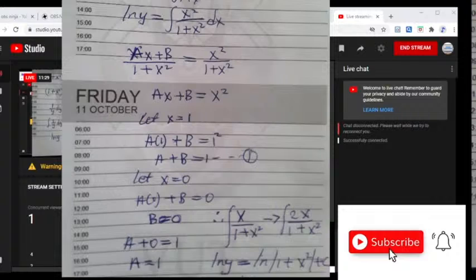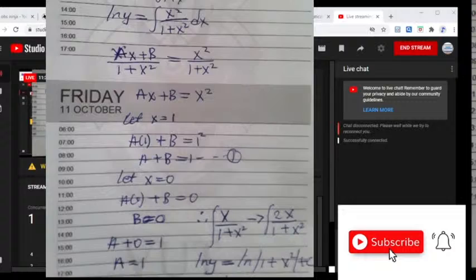Then when we substitute it into our first equation, we get a equals 1. So now we have a and we have our b.